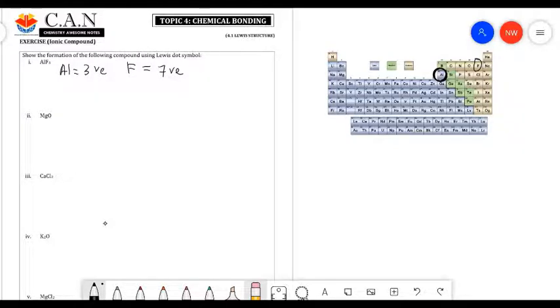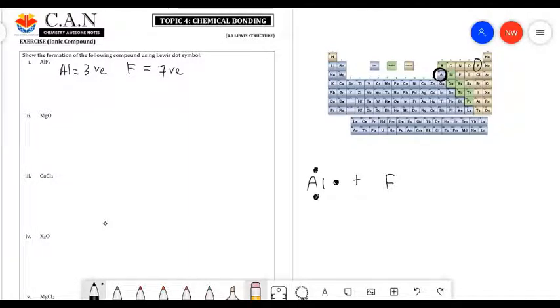Jadi macam mana dia punya lukisan? Let's draw. Untuk Al, show formation of ionic bond. Ada 1, 2, 3 valence elektron. Plus dengan kita punya fluorine. Okay, fluorine ada 7 valence elektron.